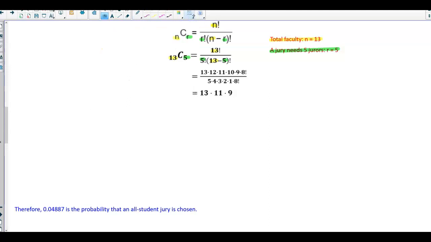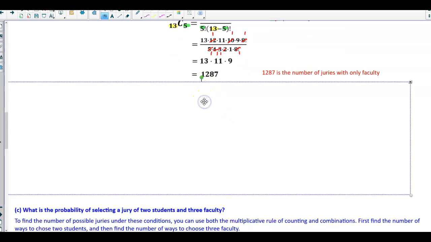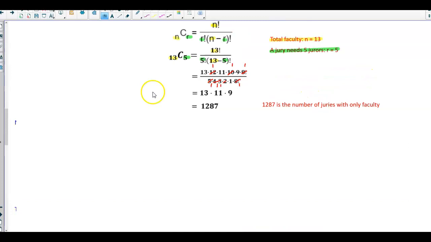We can simplify the 8 factorial. 4 times 3 is 12, so that's going to go into 12 one time. And 5 times 2 is 10, which is going to go into 10 one time as well. What's left over is 13 times 11 times 9, which multiplied together gives 1,287. And that is the number of juries with only faculty.